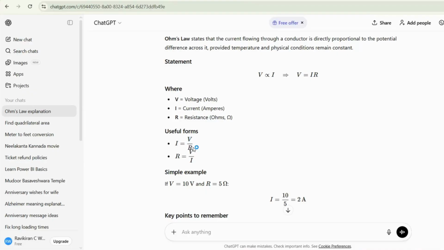This is the statement for Ohm's law. I is equals to V by R is the expression. Is the statement clear? Yes, sir.